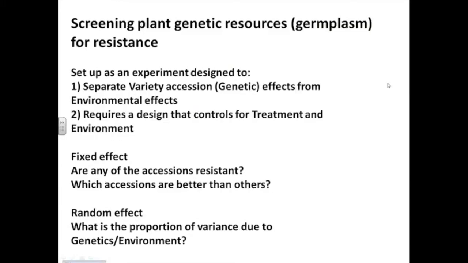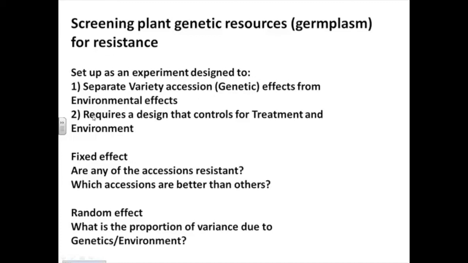Okay, so in terms of screening plant genetic resources or germplasm for resistance, we need to set up an experiment that's designed to separate variety or accession effects from environmental effects. So these variety or accession differences are genetic differences. These are our treatments. Okay?